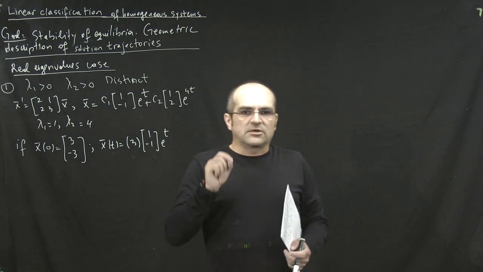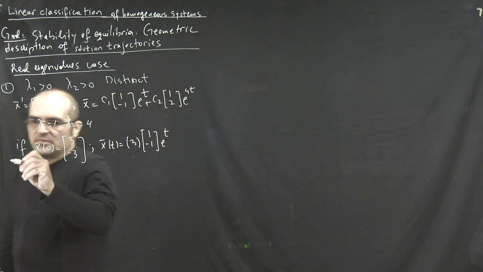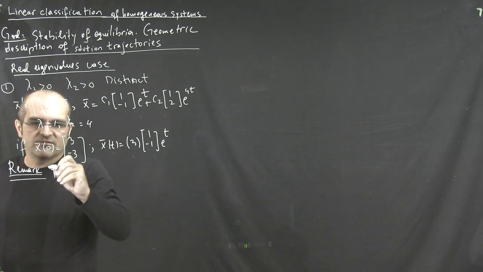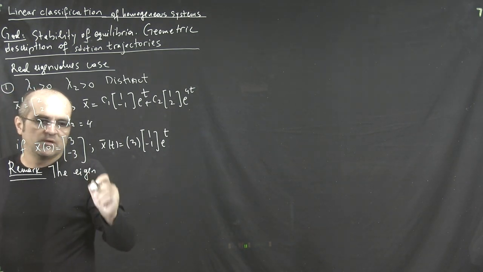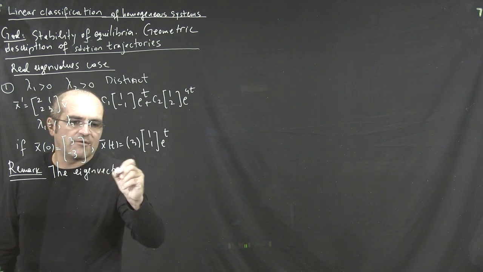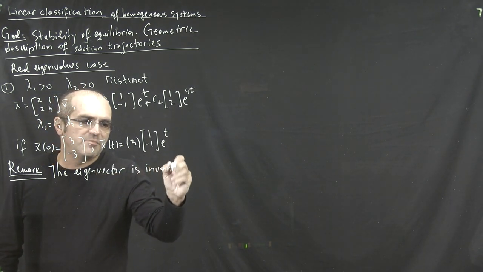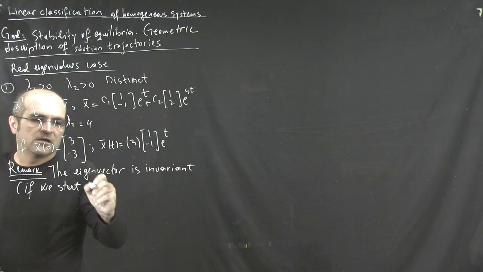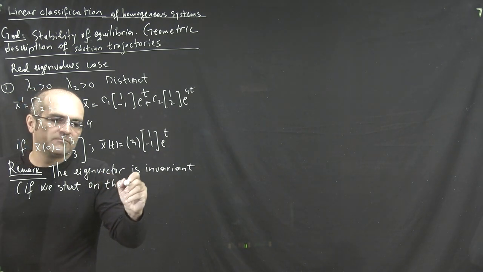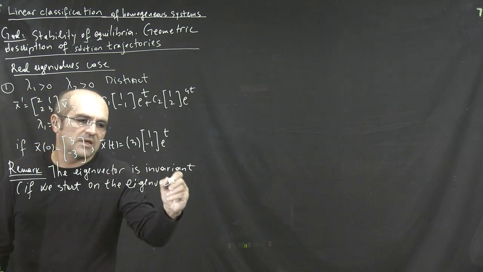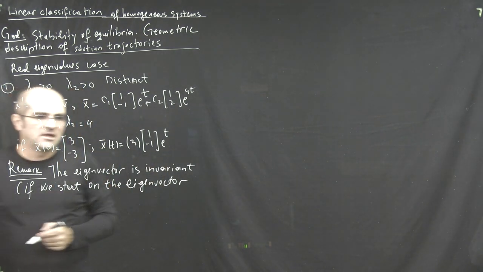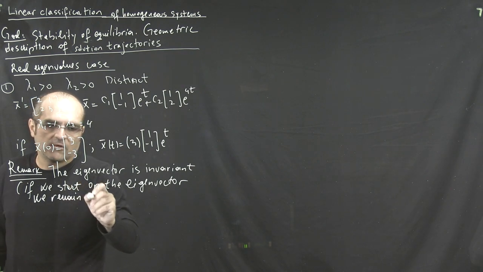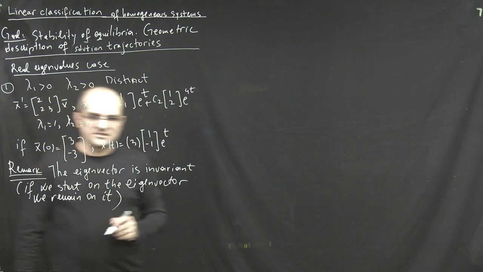So in other words, in the real case, and that's an important remark which we should write down, the eigenvector is invariant, which means that if we start on the eigenvector, and by that I mean the whole family of eigenvectors for that particular eigenvalue, we remain on it, roughly speaking.